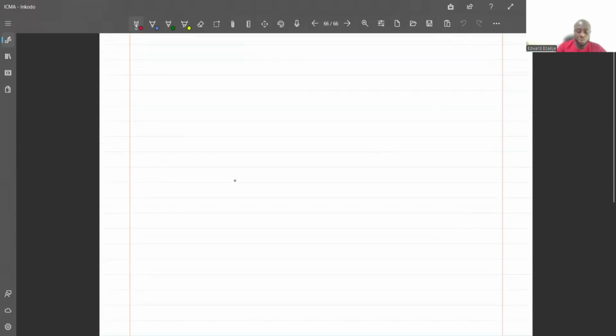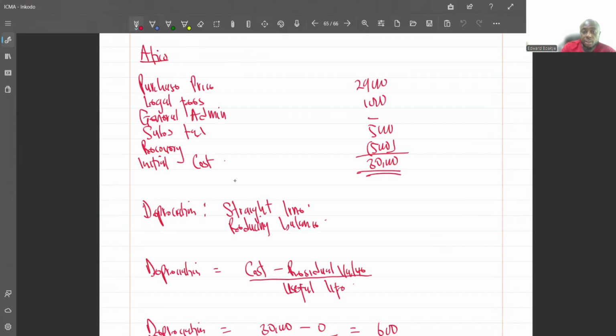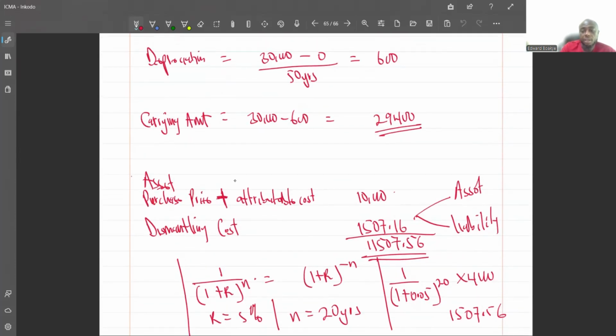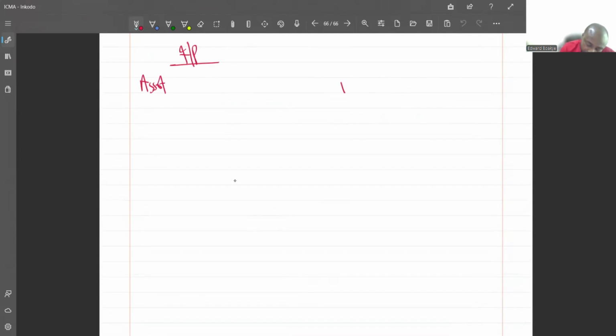So if we go to our financial position, we are going to have the asset, which is 11,507.56.